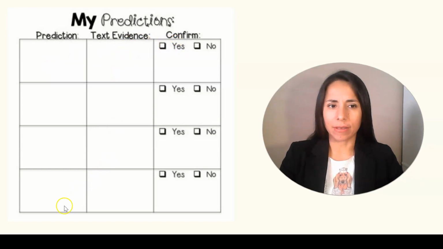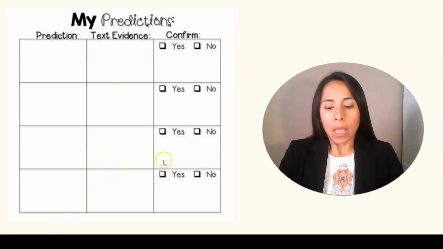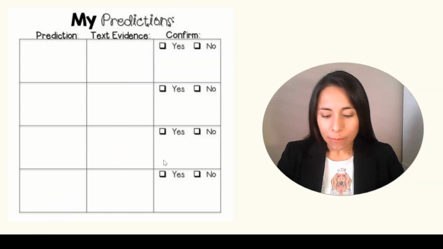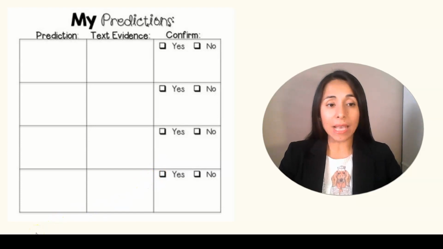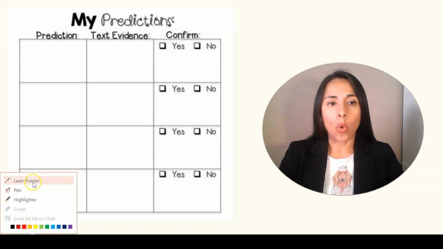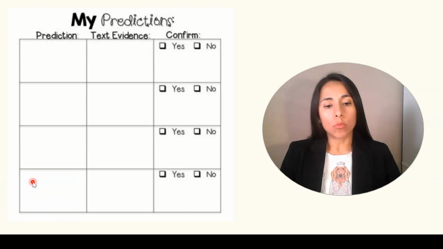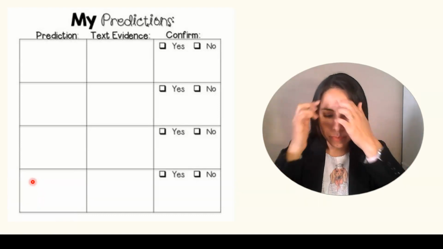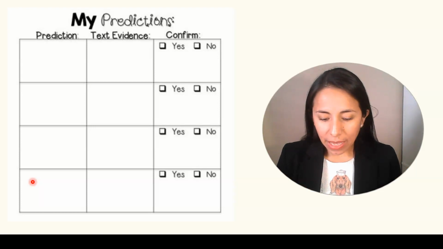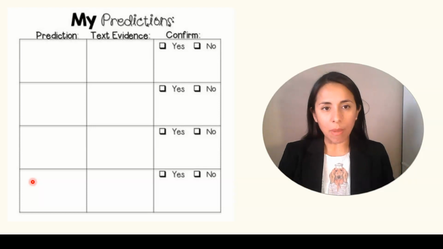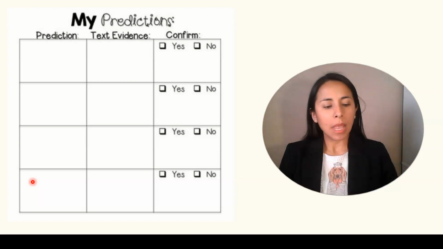What was your evidence, right? After you have done that, you have to reread the text once or twice, whatever is more helpful to you. For that, in my example, remember we're going to use the same article.